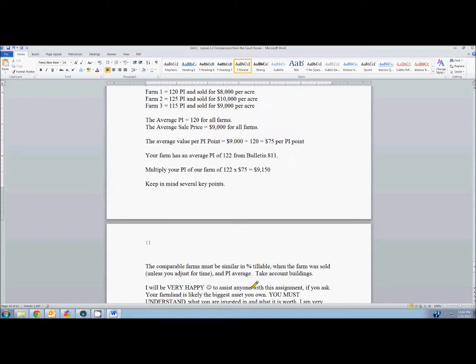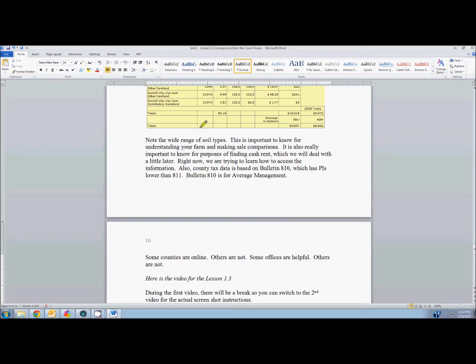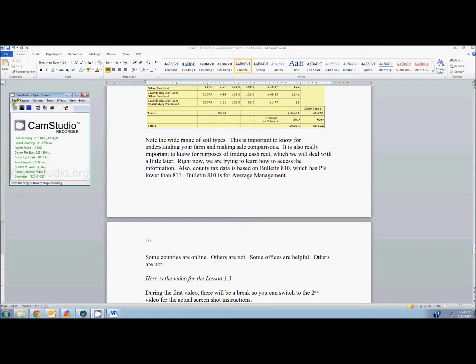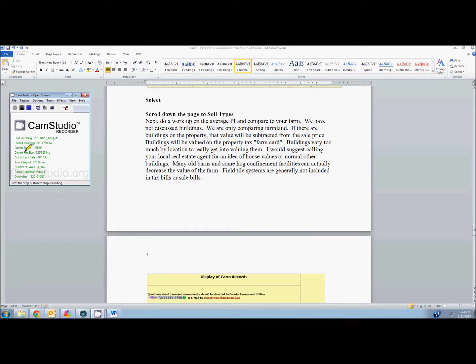The other thing that we haven't talked about, that we more or less skipped over, would be buildings. I wanted to take the time to note that buildings vary too much by location to really get into discussing it much here.